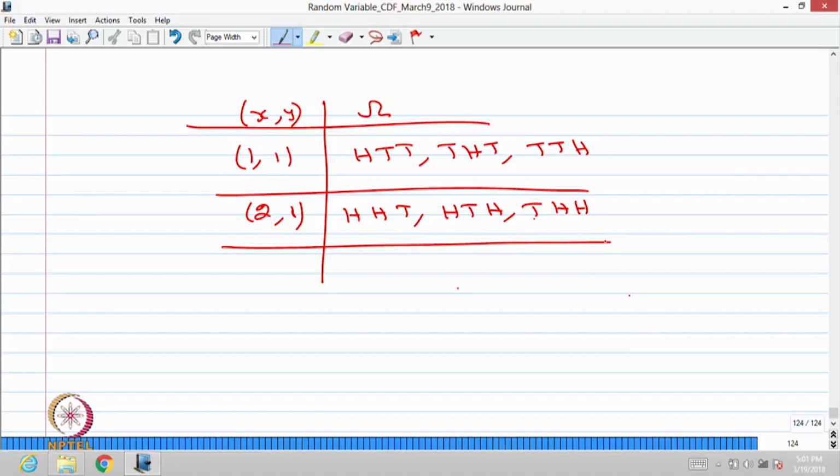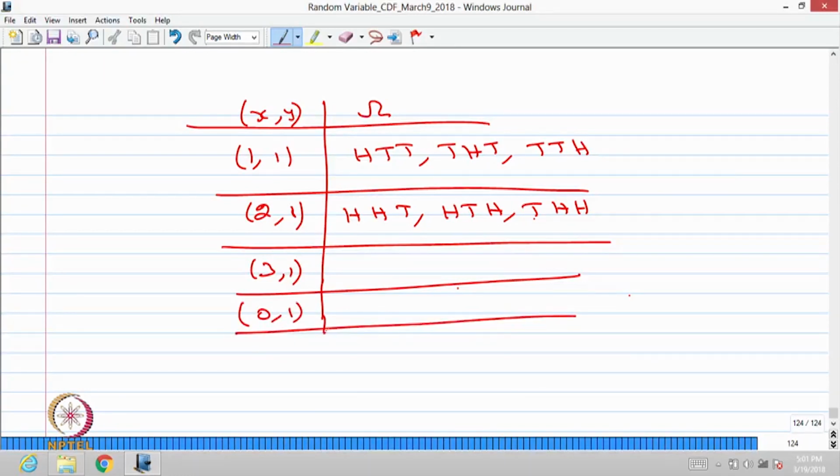The next one, you can find 3 comma 1. If you go for 3 comma 1, you will get no possible outcomes. Similarly, if you go for 0 comma 1, there also you won't get any possible outcomes.